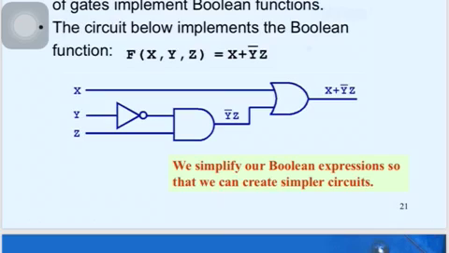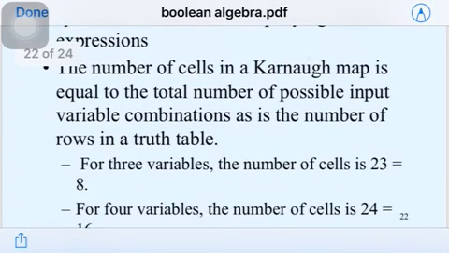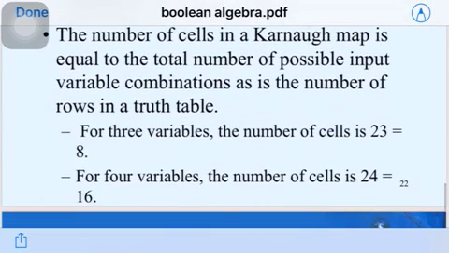If there are only 2 variables, that is an expression f of x comma y equal to x plus y, then we take a 2 variable map, which will have 2 power 2 cells, that is 4 cells. If there are 4 variables in the expression, the number of cells will be 2 power 4, that is 16 cells in the coordinate map. That is, an n variable expression will have 2 power n cells in the coordinate map.